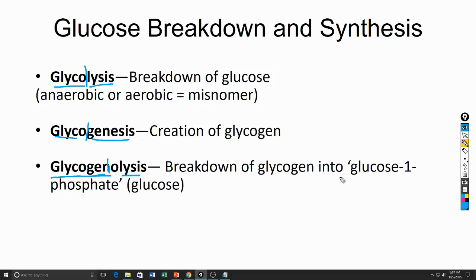And as we'll see, glycogen is broken down into this form of glucose, which is glucose 1-phosphate. Alright, and that's it. Once again, it seems like a huge term, and if you're not familiar with it, that's fine. I'm going to talk about it, and you're going to see it's actually pretty simple. Just keep an open mind as we go.